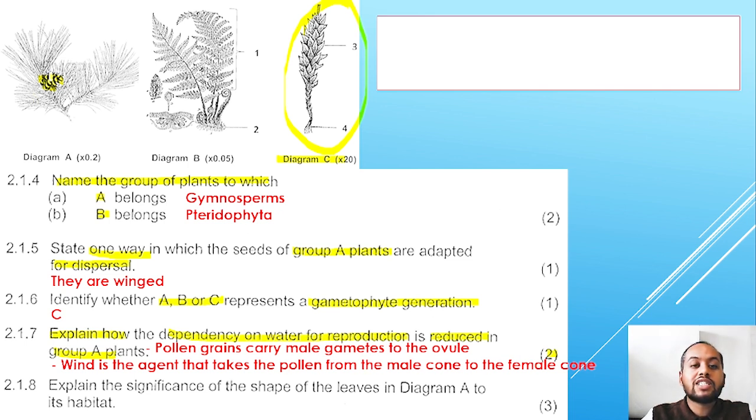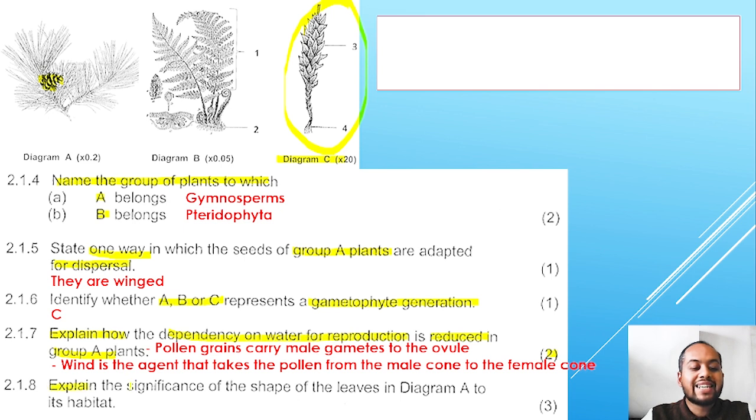So pollen grains get transferred from the male cone to the female cone with the use of wind, and it does not need water in order to do that process. That is how the dependency on water for reproduction is reduced in group A plants.